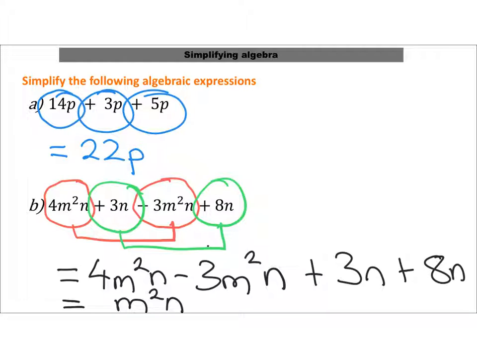And then over this side, I've got 3n plus 8n, which is positive 11n. And that's my final answer down here. You might like to pause this video right now and copy down these examples. These would be really good ones to have in your book.